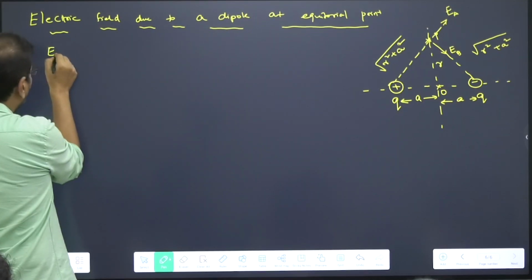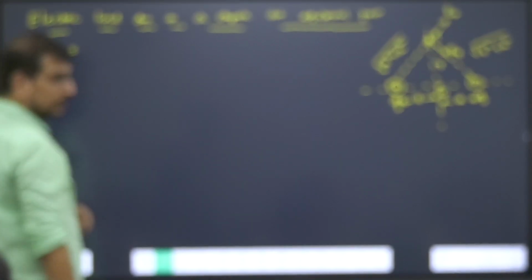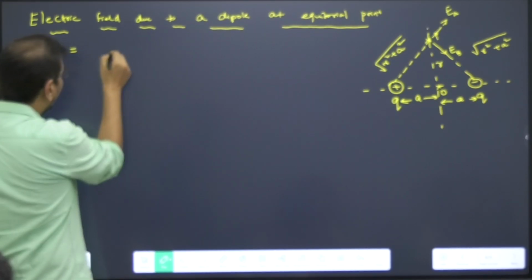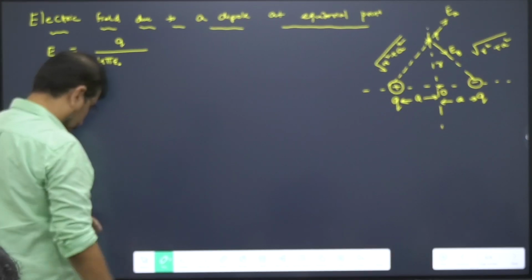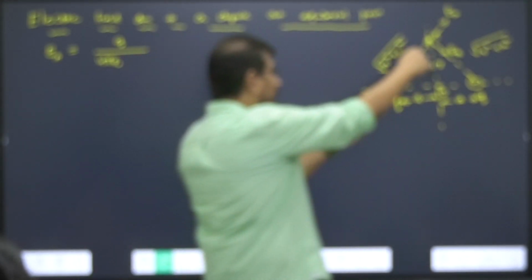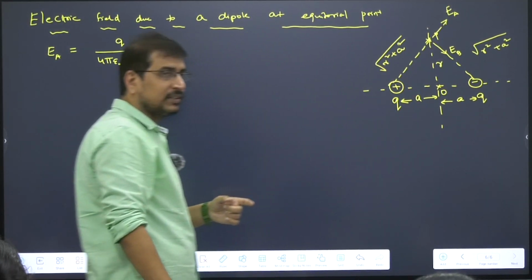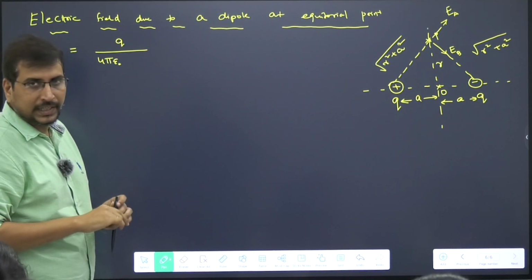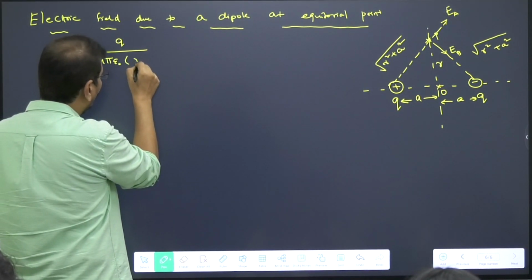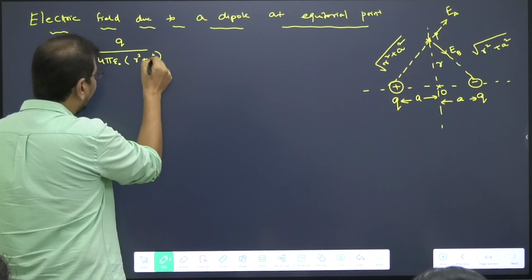Right? Having said this, if I take the electric field due to the charge at point A, what is it going to be? It will be Q divided by 4 pi epsilon naught into distance square. So what is the distance square? This is the distance root of R square plus A square, the whole square. So what will happen? Square root and the whole square will get cancelled. So you will be left out with R square plus A square.